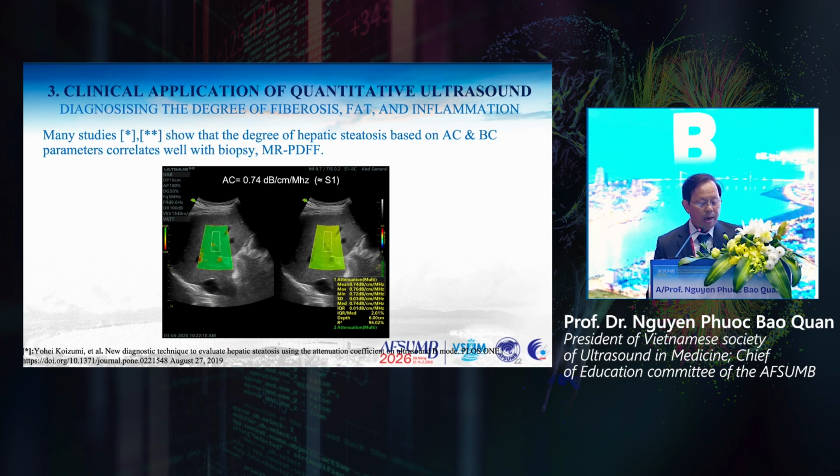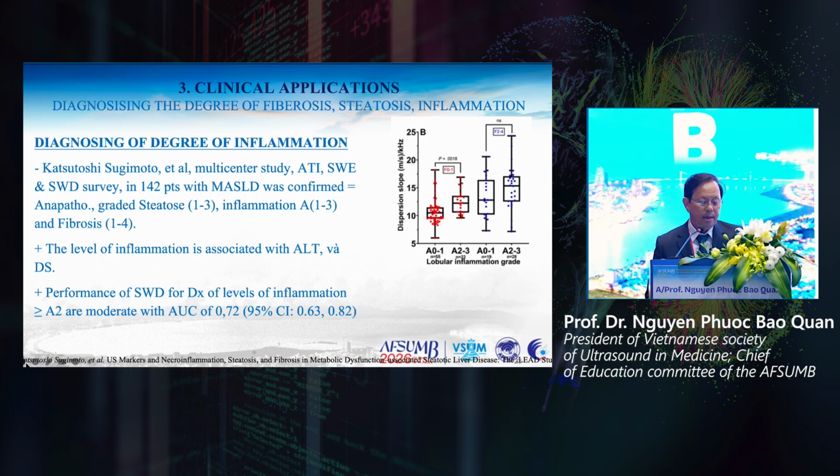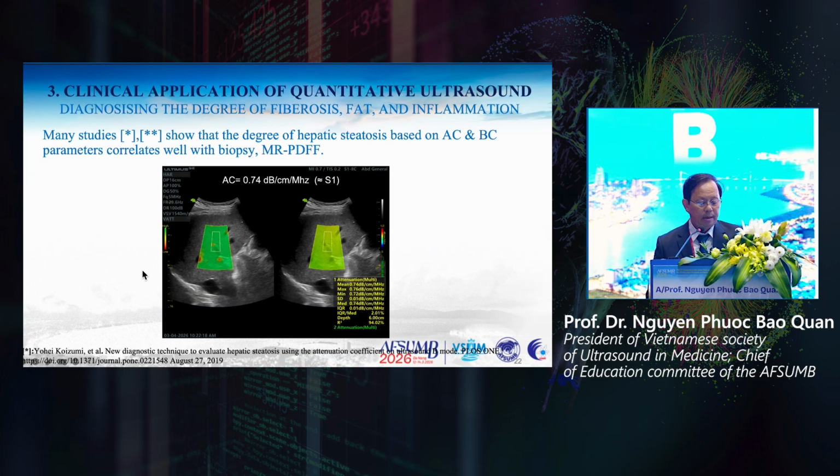And now, based on the attenuation image or backscattering coefficient, we can measure the fat in the liver. In this picture, we can see the attenuation coefficient of this case is 74 decibels per centimeter per megahertz.